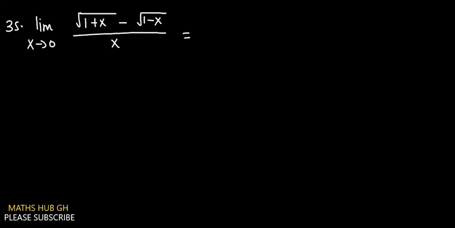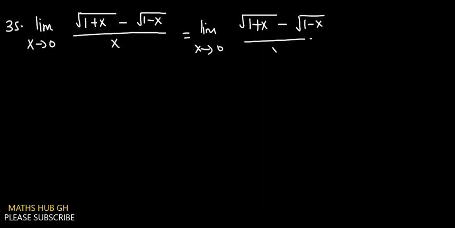We're going to have the limit as x approaches 0 for the square root of 1 plus x minus the square root of 1 minus x, divided by x.